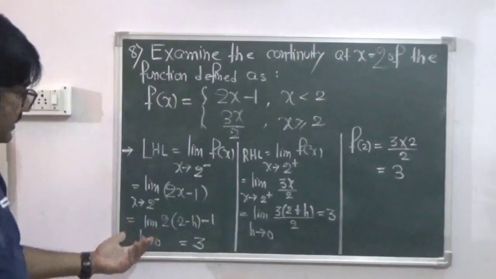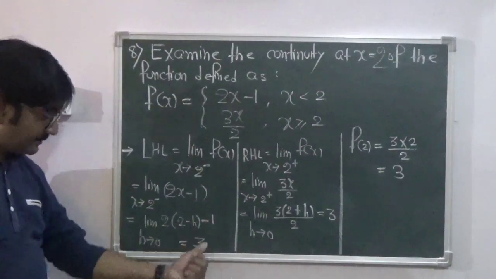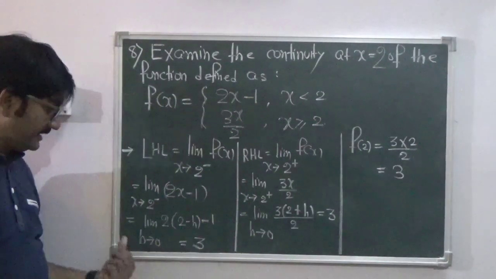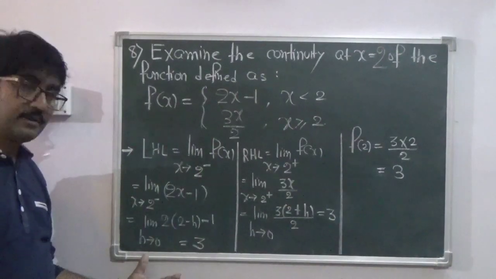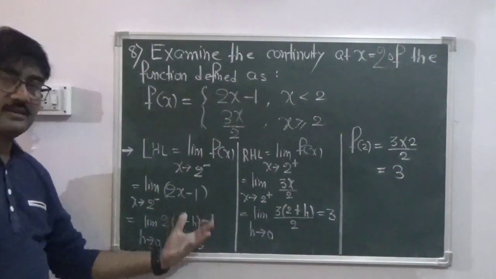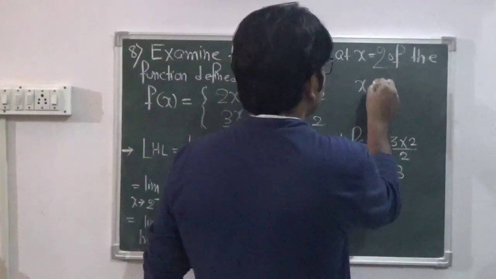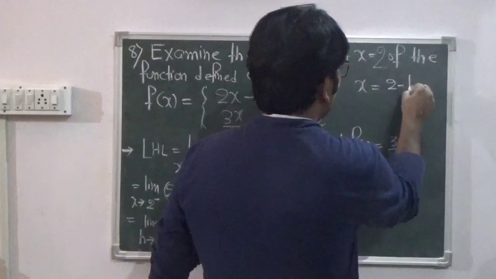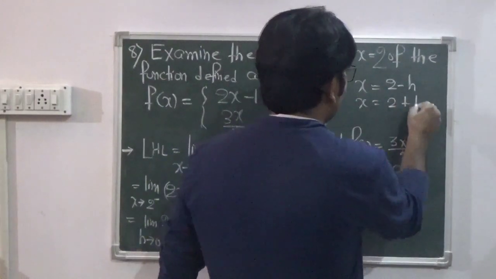Now what we did here is, in place of x, we have expressed this limit in terms of h, as well as the function in terms of h. Why? Because we have taken x equals 2 minus h, and on the right hand limit we have taken x equals 2 plus h.